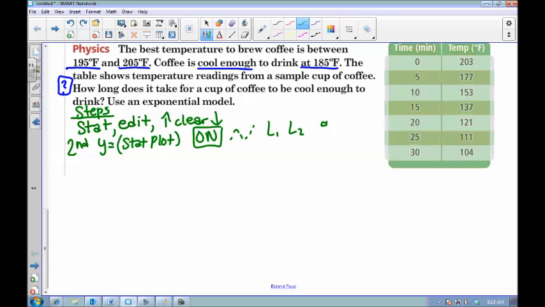Okay, you need to change your window, 0 to 40, counting by 5s.